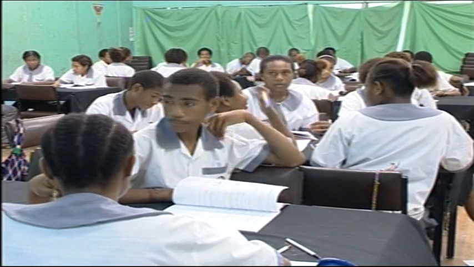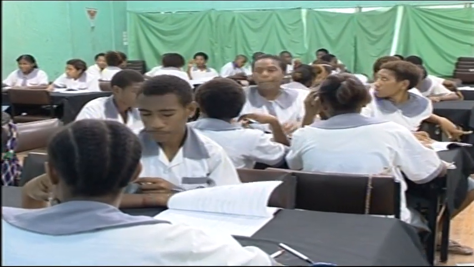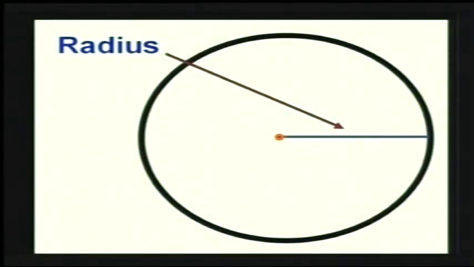So, who would like to do exercise A? Who has the answer for exercise 1A? Clement, can you give us the answer for exercise 1A? Radius. 7s and receiving students, let's see the answer on the screen if it's correct. Okay, very good.